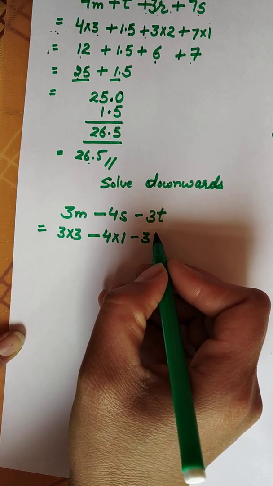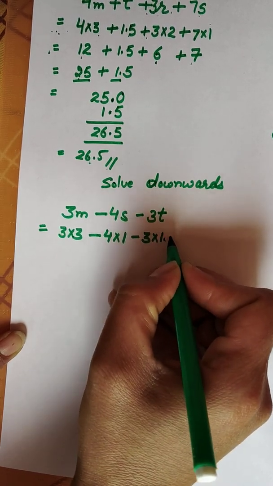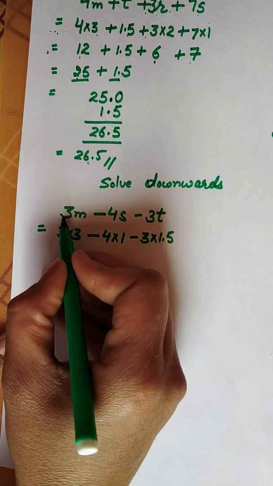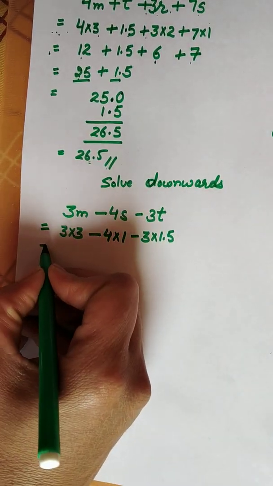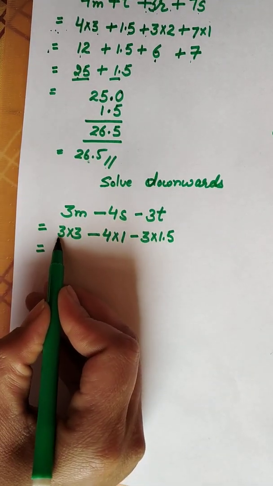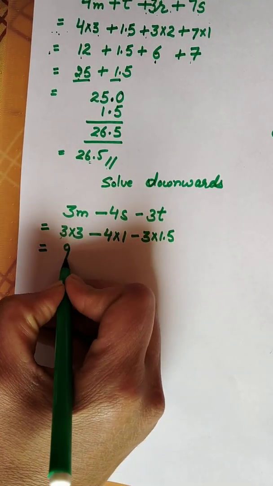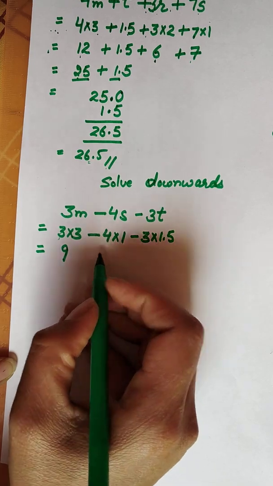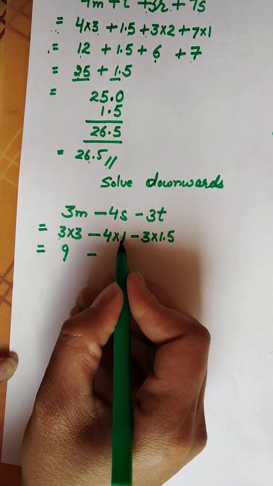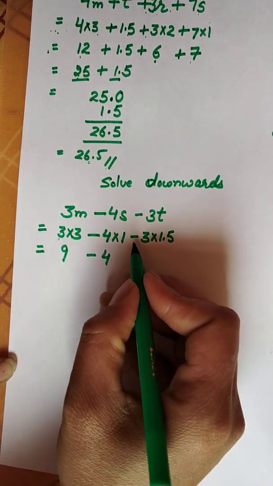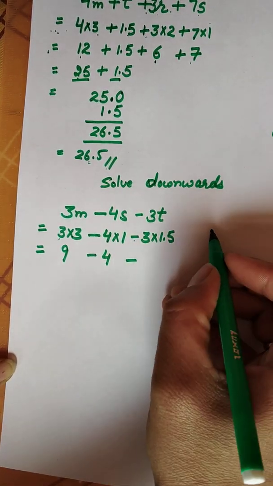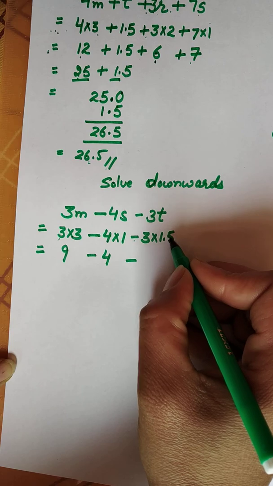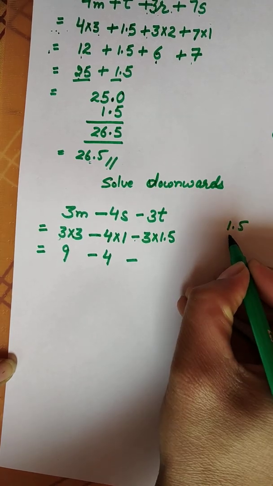What is the value for T? It's 1.5. Now I had 3 terms. I'll calculate each one of them. How come? First term 3 into 3, which is 9. Then I have minus 4 into 1. So I'll put minus, and 4 into 1 is 4. Then I have again minus and 3 into 1.5. Please recall, how do we multiply decimals? Okay, 1.5 into 3.